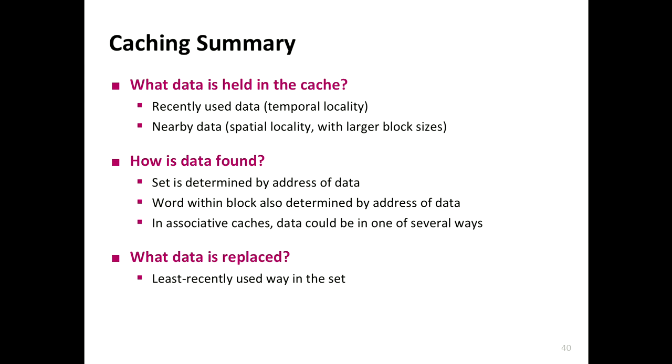So how data is found depends on the set. We have 3 different cache architectures, such as direct mapped, set associative, and fully associative. How data is replaced, typically we use least recently used. And data replacement is more important for n-way set associative cache because you have more than one way to put the data, so you need to figure out which one to remove first, and typically least recently used is the way we go.